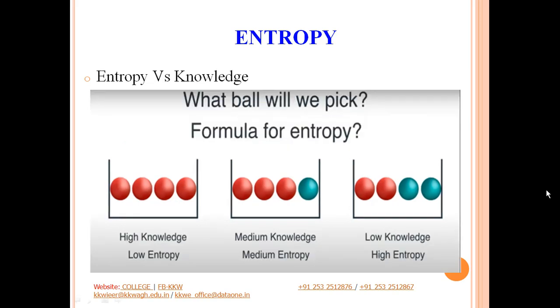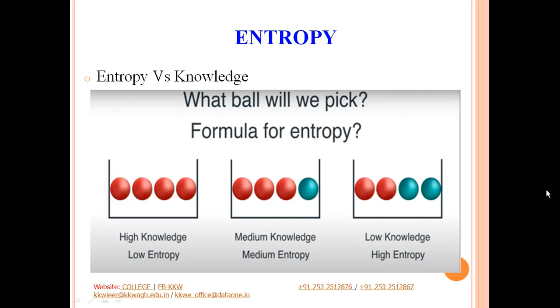Now we will slowly move on to the concept of entropy. In this slide we are going to discuss what entropy is and what knowledge is. Considering the scenario of the 3 baskets, what ball are we going to pick? How sure are you about the ball that you are going to pick in the first case? Yes, in the first case we are very sure that the ball is a red one.